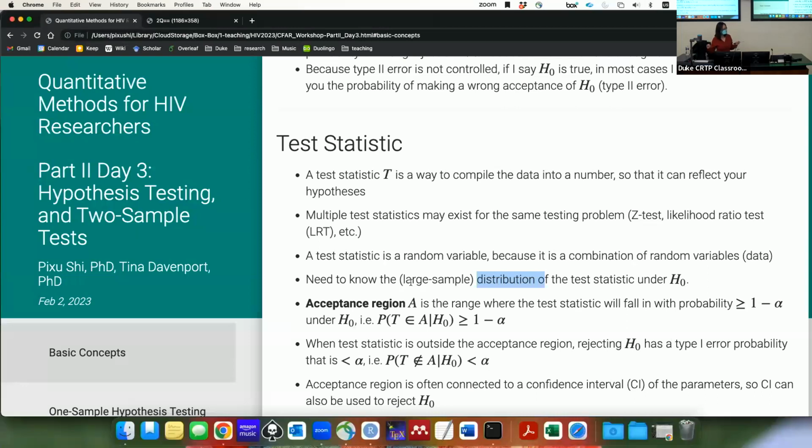Those distributions mostly rely on the large sample assumption. So be careful when you use those tests, because they often assume a large sample size. And when you have a small sample size, it's more reliable to use non-parametric tests, where the distribution of the test statistic doesn't rely that much on the distribution of your data set.